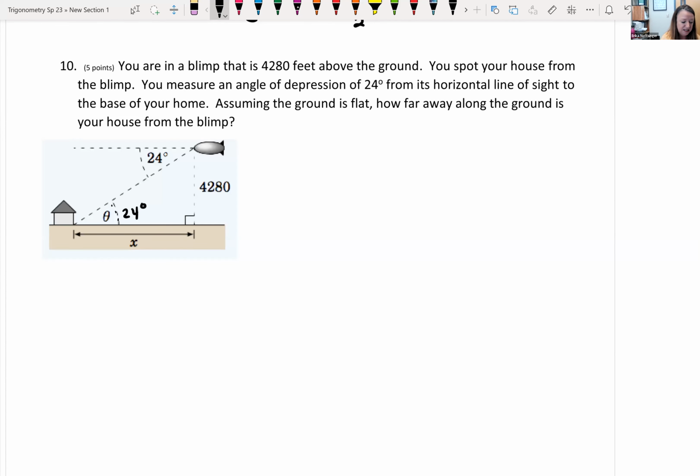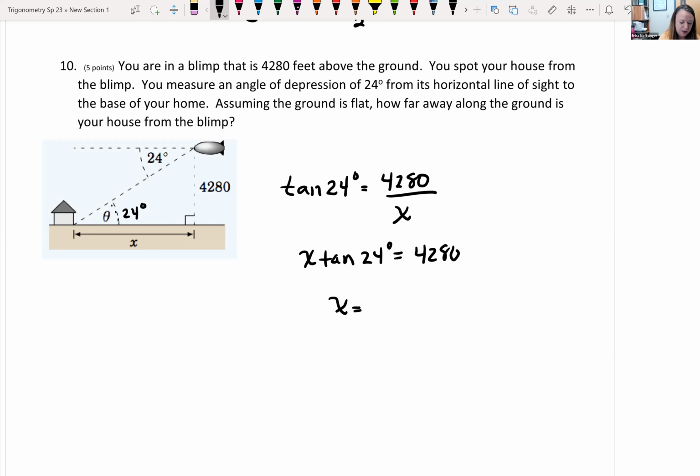And so in this case, we have tangent of 24 degrees is equal to the opposite, 4,280, over our adjacent x. So let's multiply both sides by x. x tangent of 24 degrees is equal to 4,280. Divide both sides by tangent of 24 degrees. We get 4,280 divided by tangent of 24 degrees.